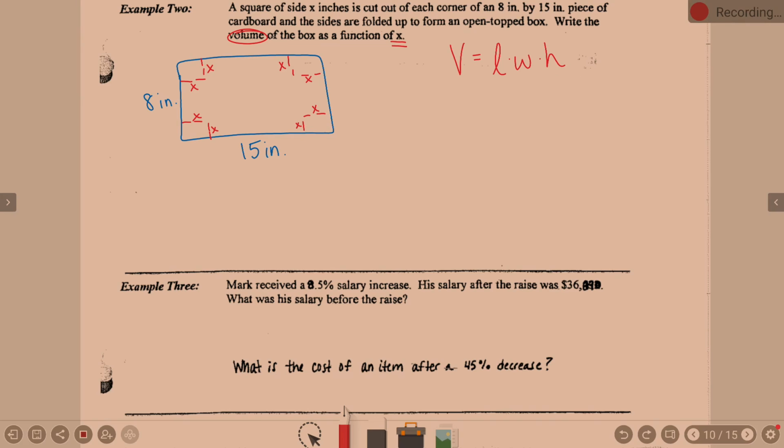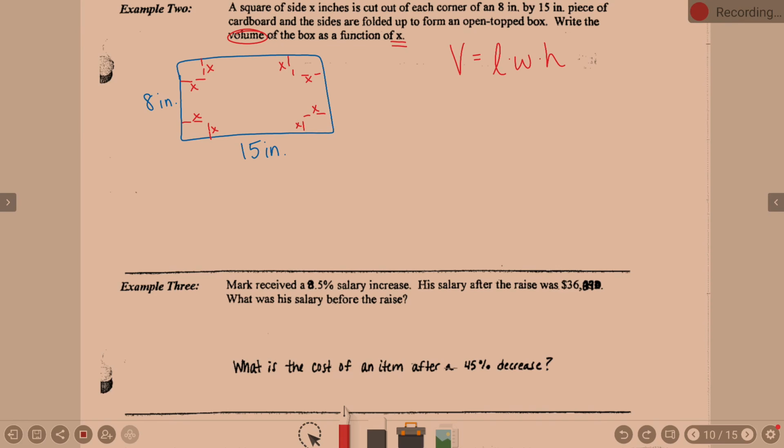Now, the deal is we don't want to say length times width times height. We want what is the length in terms of x? What is the width in terms of x? And what is the height in terms of x? That's what I'm looking for here. Thoughts on any of these? Let's talk about the length and the width first.